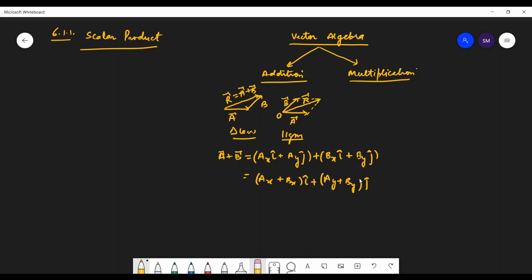So this is how I get the resultant, which is the addition of both the vectors.